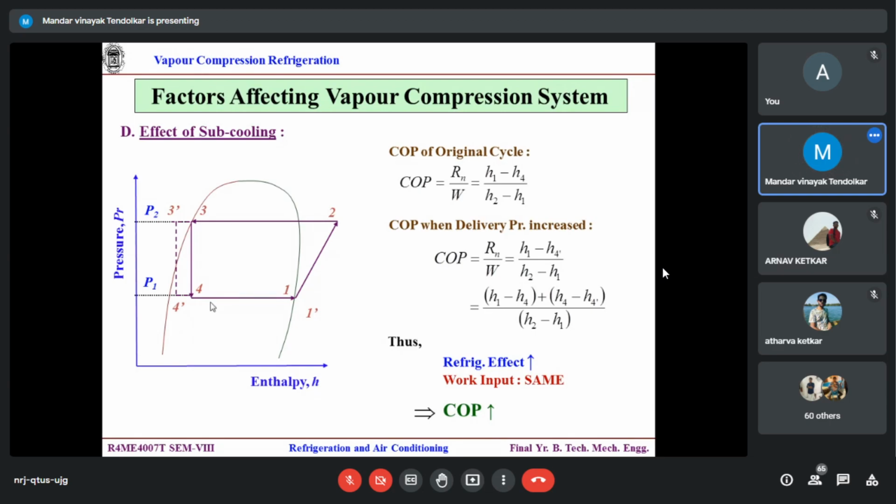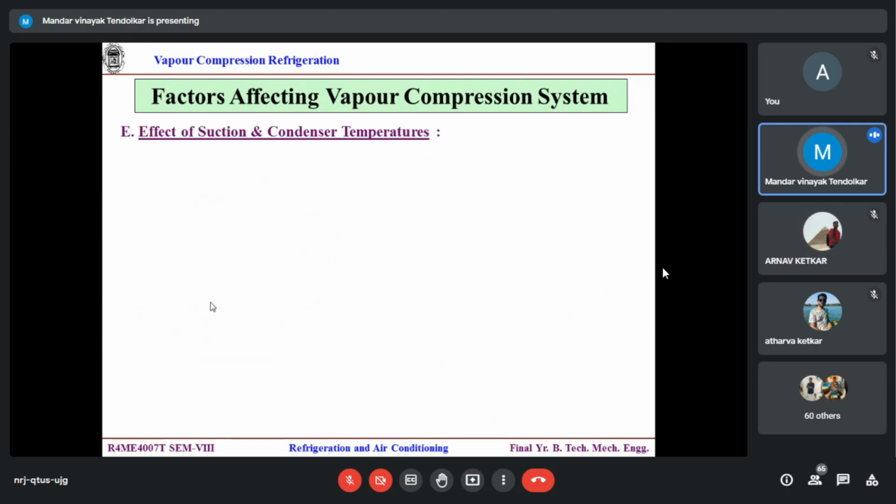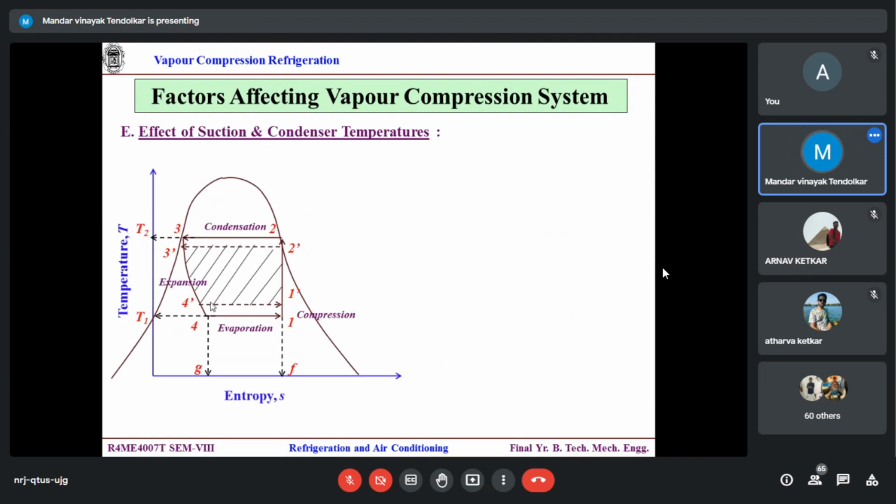What we are doing is towards the expansion side, with the compression side remaining the same. In all the 3 earlier methods, we were changing the compression side. Suction pressure, compressor side change. Delivery pressure, compressor side change. Superheating, compression side change. So naturally there is a problem.